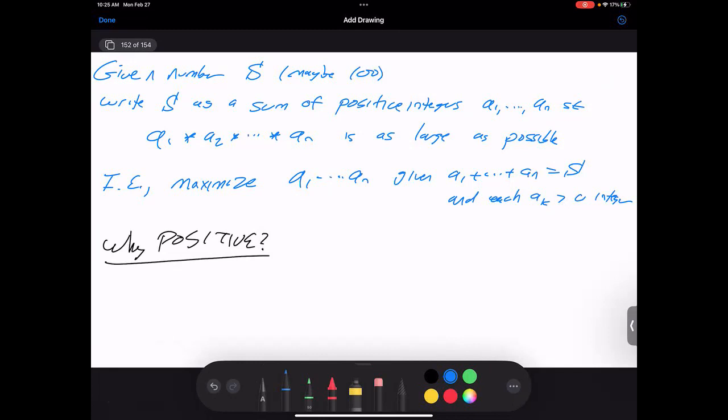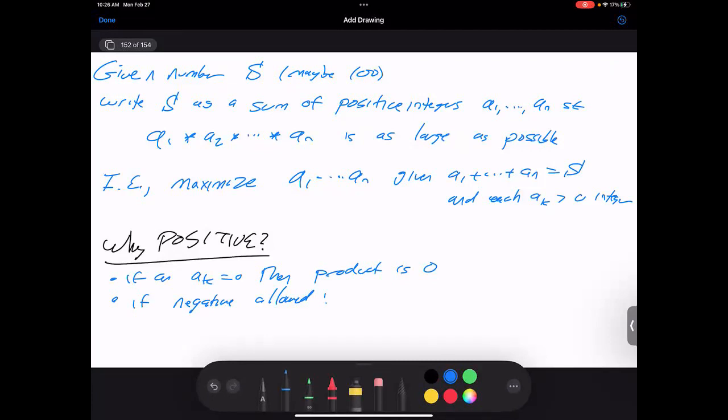So why wouldn't I want to have one of the summands be 0? If one of the terms is 0, then the product is 0. If negatives are allowed, what could we do? Just keep, say, negative a billion and then negative a billion and one, you get bigger and bigger positive.